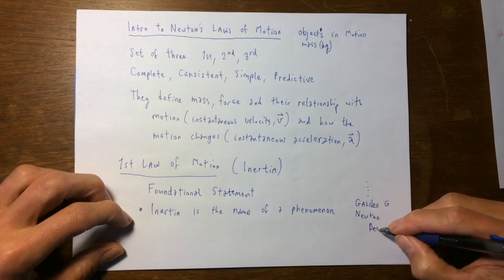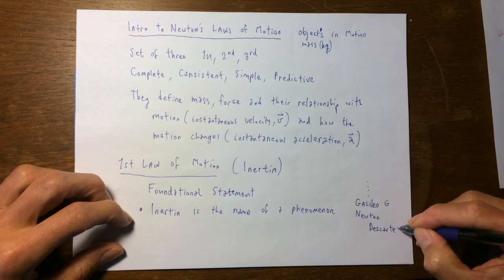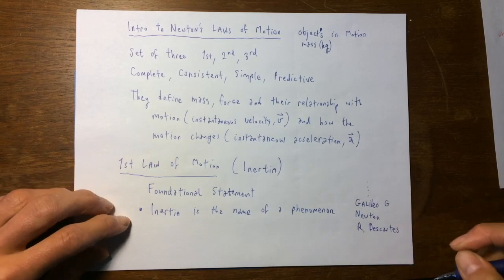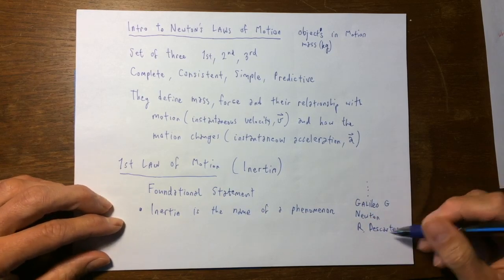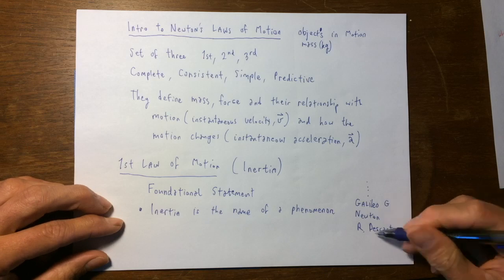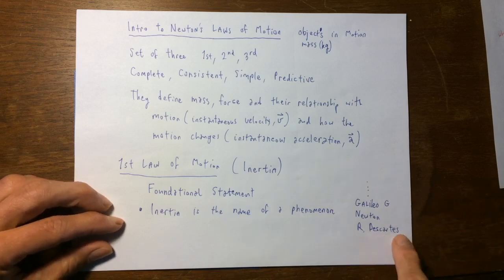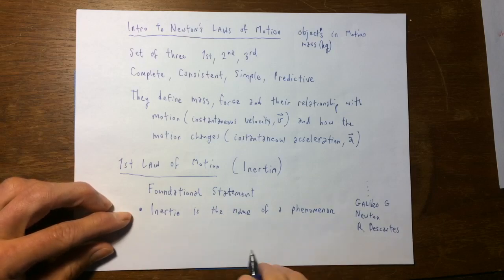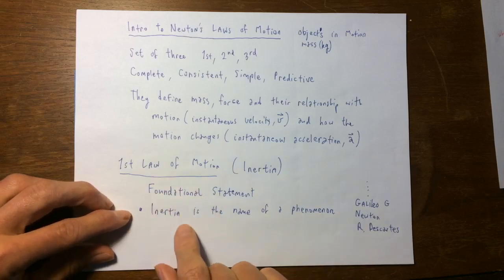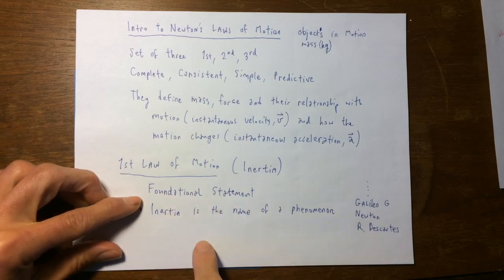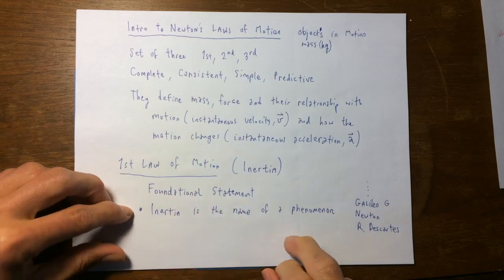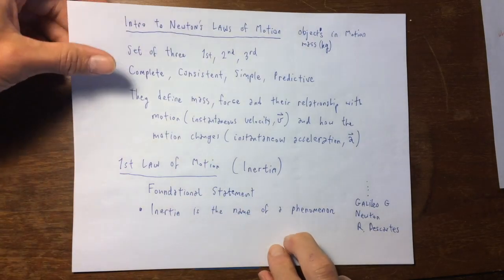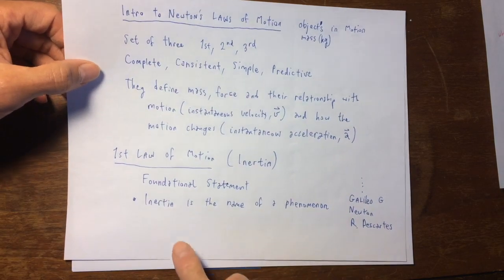I'm not sure where Rene fits in the timeline, but this is a Cartesian coordinate system, Descartes. So inertia is the name of a phenomenon, and the first law of motion claims it as its foundational statement. So I'm going to now write out what this law of inertia is.